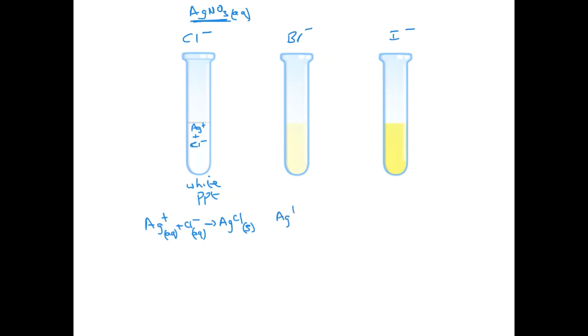When you add silver ions to it, they react with the bromide ions to form silver bromide. And it's a cream precipitate. Then the final halide is iodide. So silver ions from the silver nitrate solution react with iodide ions in the solution to form silver iodide, which is a yellow precipitate.